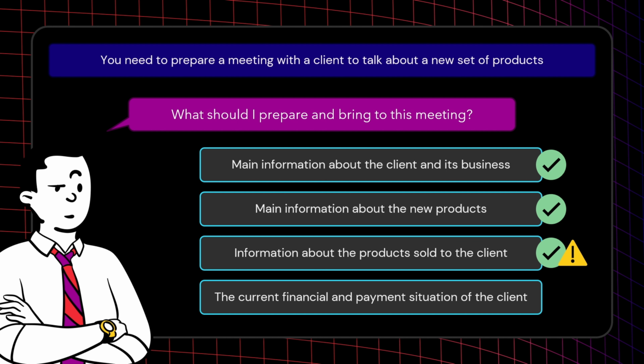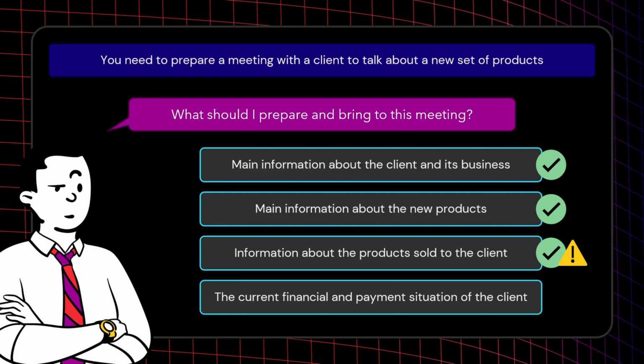So we might know in a summarized way what he uses, what products he bought, but we don't need to do this in detail. Again, if he asks that in the meeting, it's totally okay that we check that afterwards and then get back to him on that topic. So in this situation it is a yes, but be careful, do not overload with information.